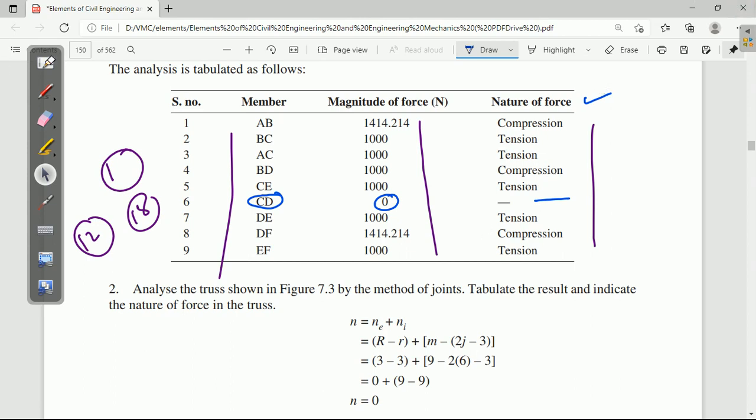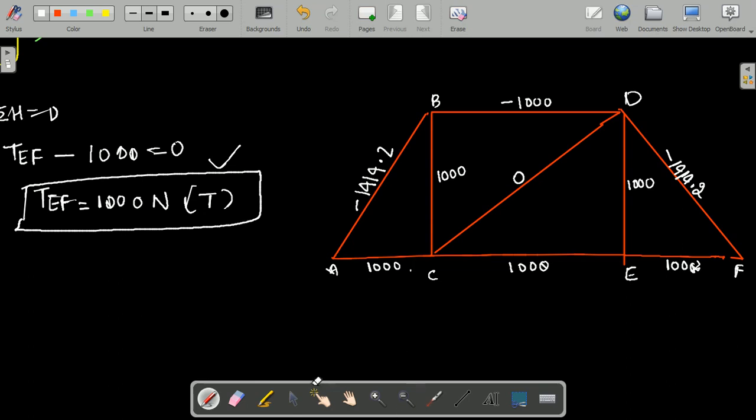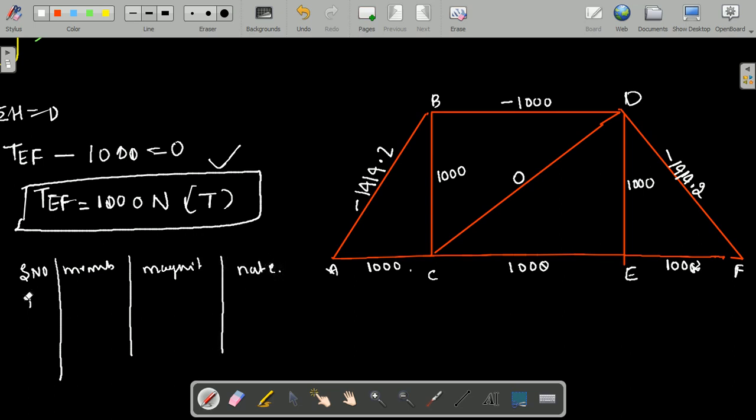Along with this you need to draw the tabular column such that the first column shows the serial number, then the member you are writing, then the magnitude of force, and the nature of the force. As an example, 1 is the AB member, the magnitude is minus 1414.2, and the nature, since it is negative, is compression.